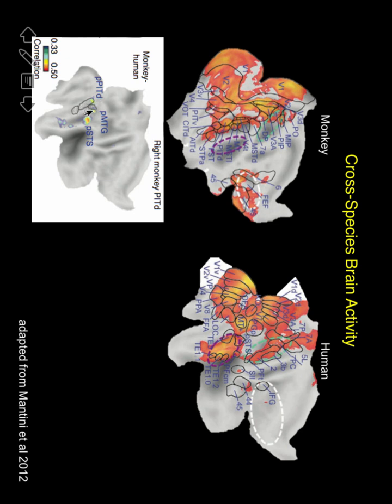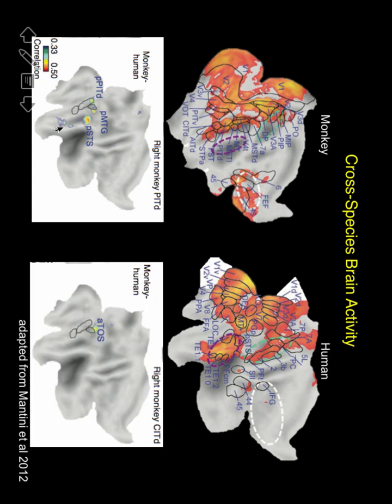However, what you see is that the activations, the similar responses, actually occur quite a bit outside of there and are diffuse. Similar thing if you try the area more anterior to that. This area here is the anatomical homologue of the CITD, but the area it activated is the ATOS back here in the humans.